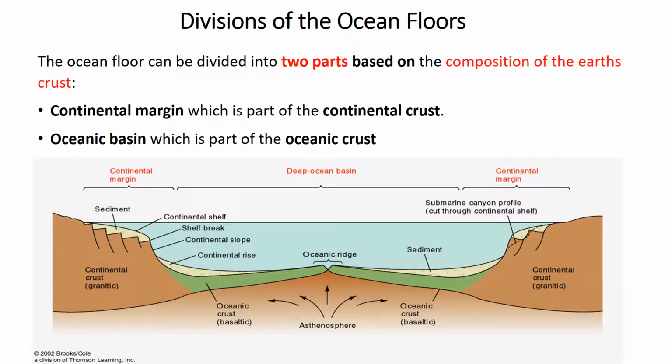So we have here divisions of the ocean floors. Before we look into the different relief features, first we need to know the division of the ocean floor. The ocean floor can be divided into two parts based on the composition of the Earth's crust. I think you remember the Earth's crust.